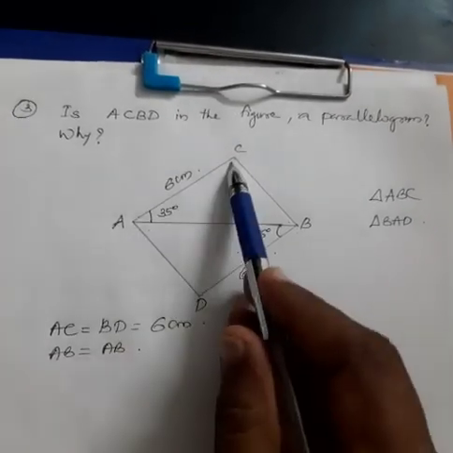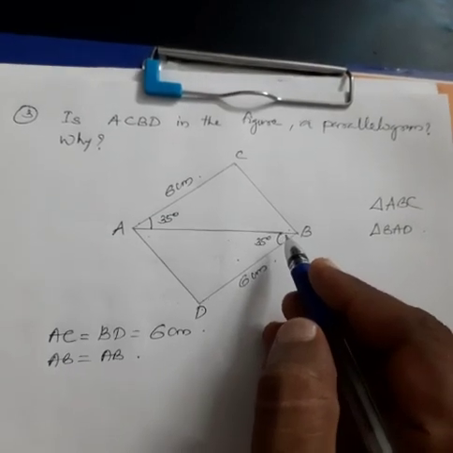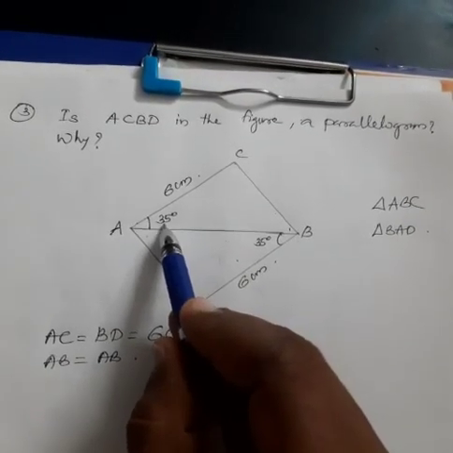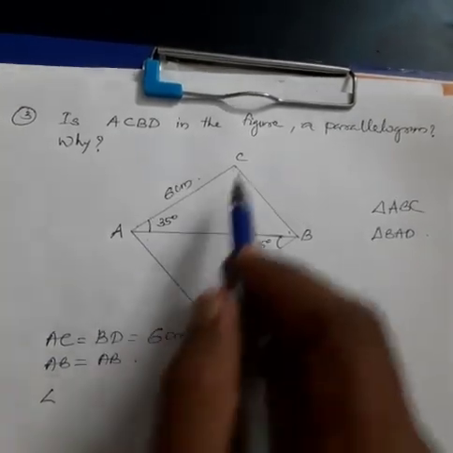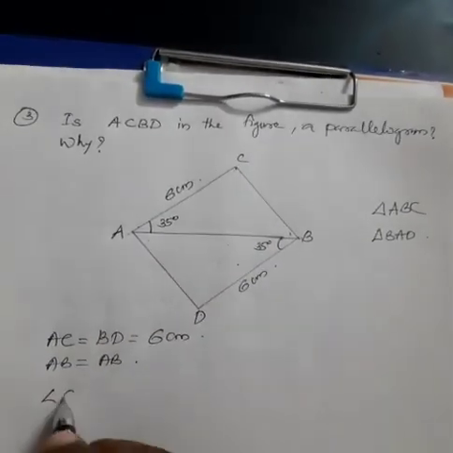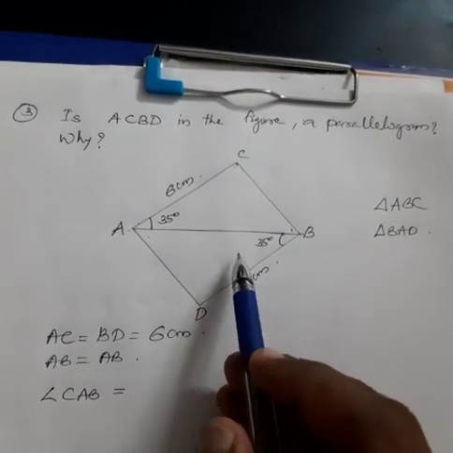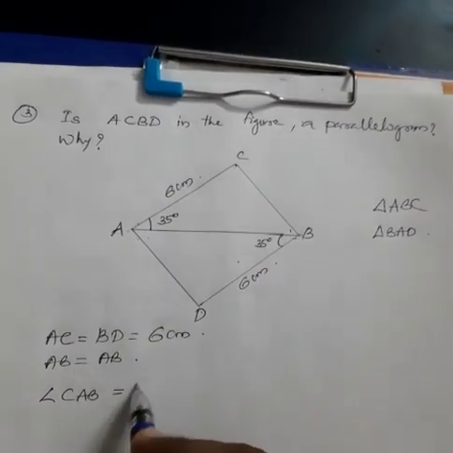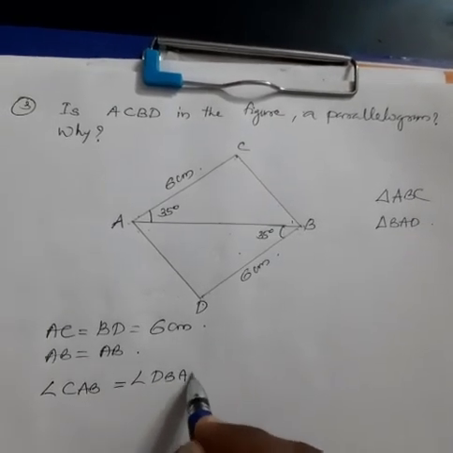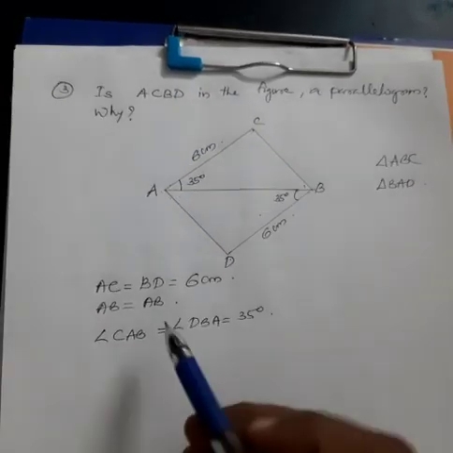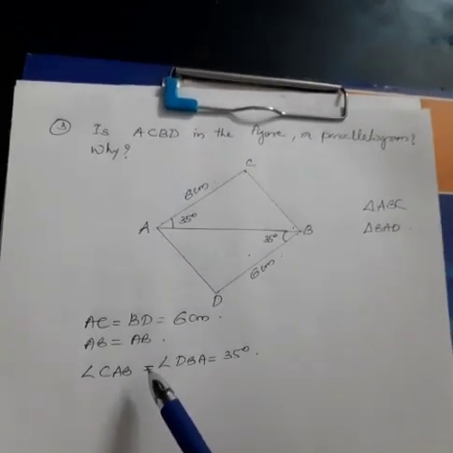So opposite of AC is that angle here, and two more angles given, so angle CAB is equal to angle DBA. Both are 35 degree. So these are the given things in the question.